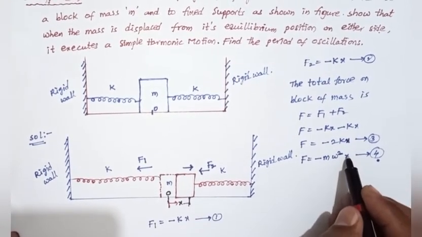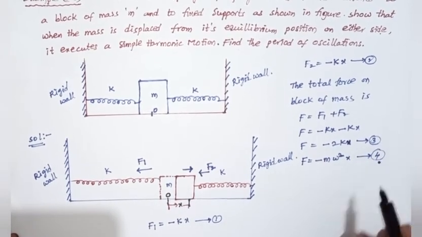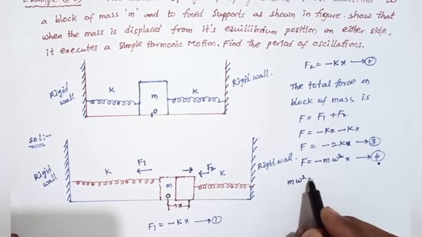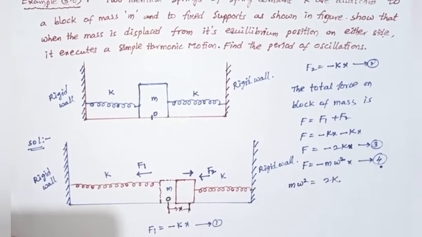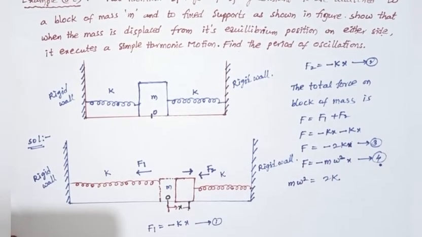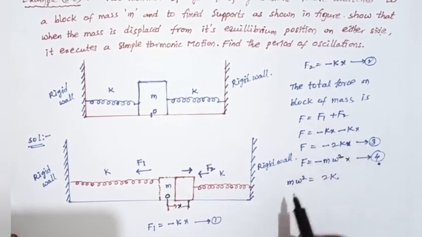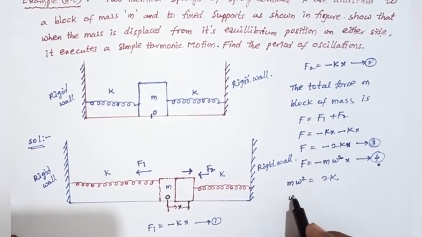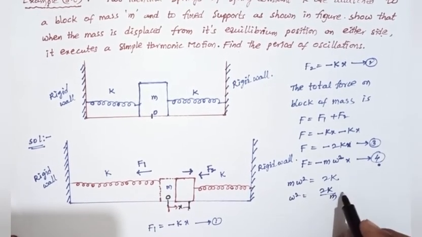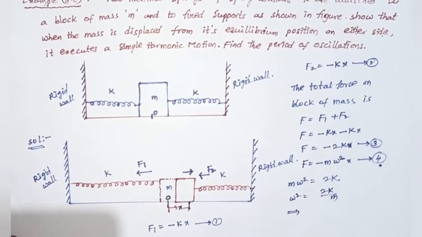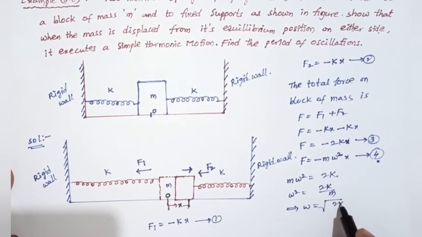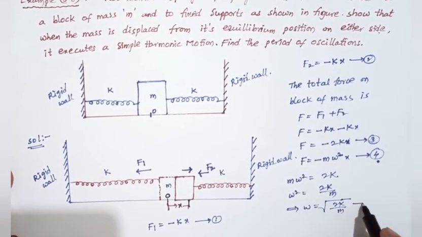From equations 3 and 4, m omega square equals 2k. The displacement and the force are the same. So omega square equals 2k by m, and omega equals square root of 2k by m. This is equation number 5.